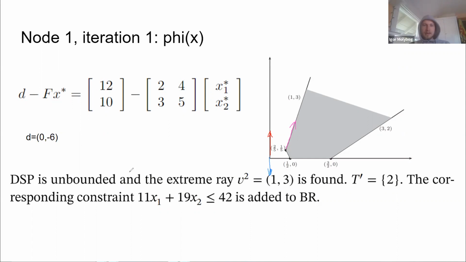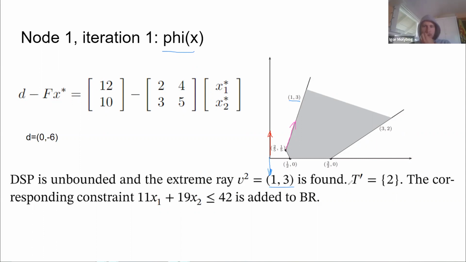So essentially any linear programming solver would tell you that the optimization problem corresponding to the solution of φ(x) is unbounded, and the corresponding extreme ray is v2, which is the ray (1, 3), which is written over here.